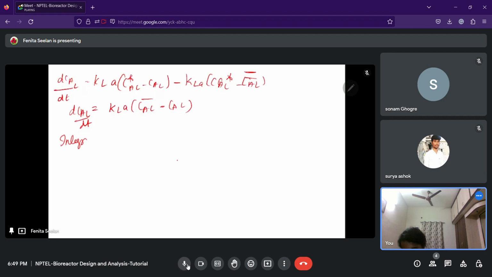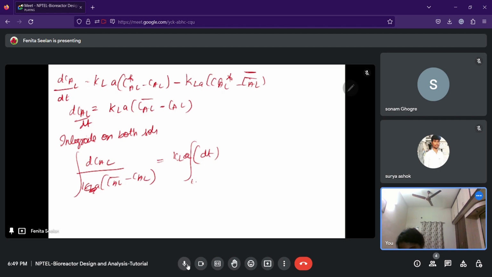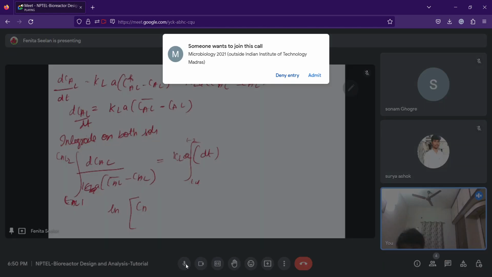Multiply it on both sides. If we do that, then we will get the same expression we were using previously.